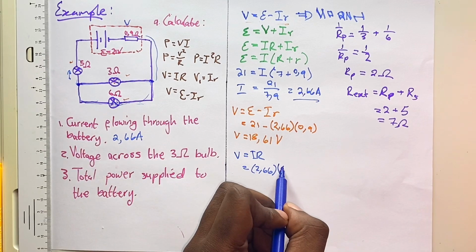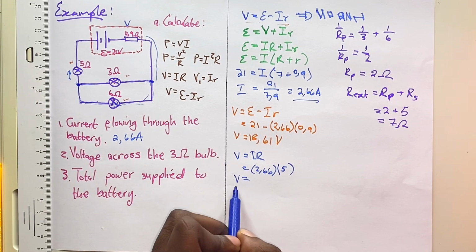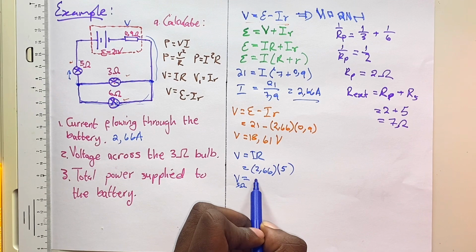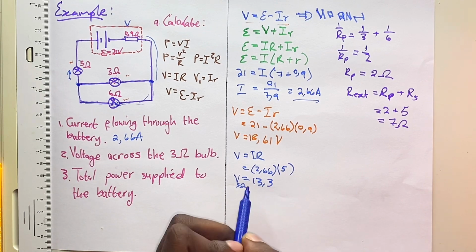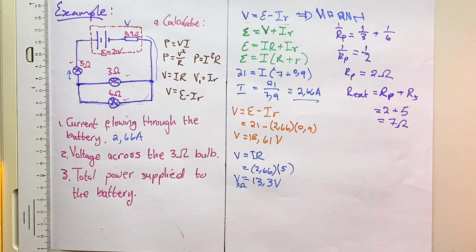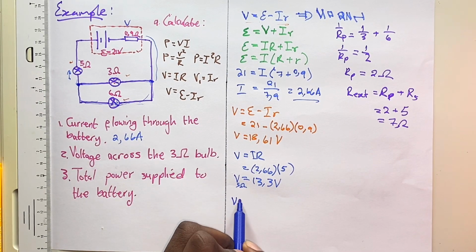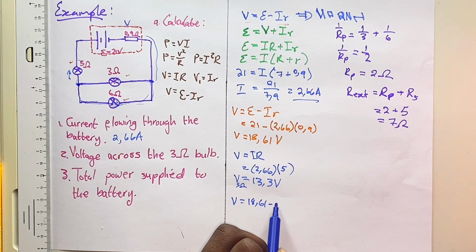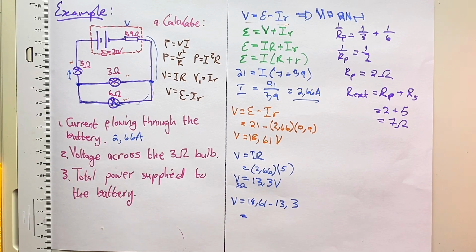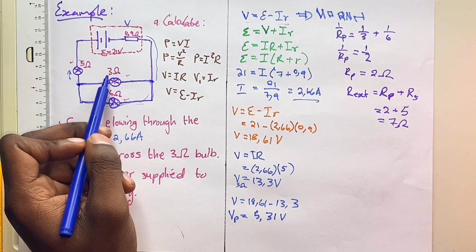Now the resistor there is 5, which means the voltage of the 5 ohm resistor is equal to 13.3 volts. Now when I subtract 13.3 volts from 18.61, that will give me 5.31 volts, and that is the voltage of the parallel connection.